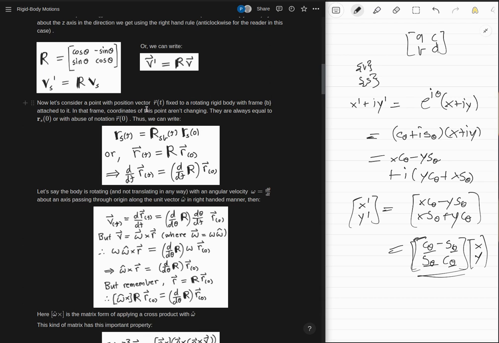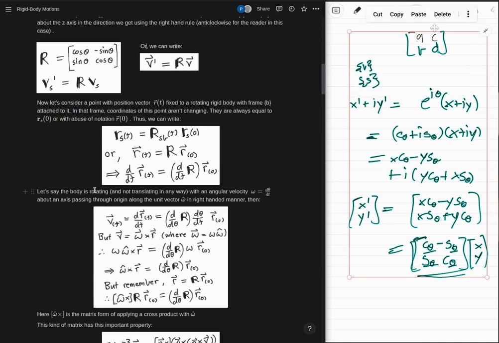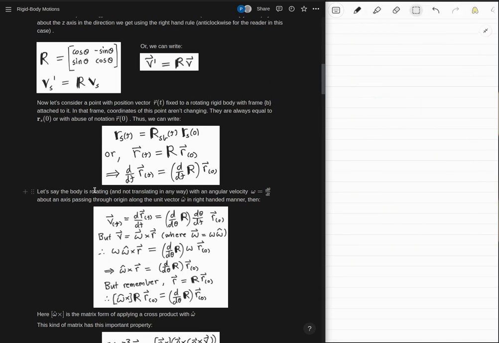Let's read that once again. There's a mention of this vector over here, the omega vector. So what's happening is something like this. You have this frame S with our normal xyz coordinates. This is the rigid body we are talking about. It's rotating about this vector omega hat with angular velocity omega, of course, right?